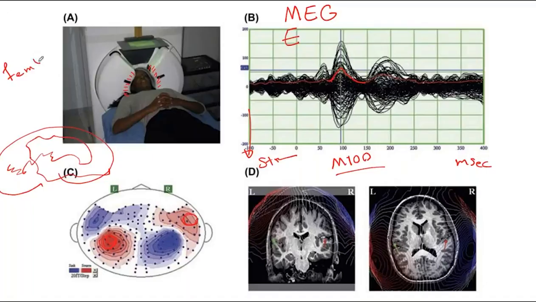First of all, the magnetic signal we are talking about is on the order of femtotesla. By femto we mean 10 to the minus 15 Tesla.